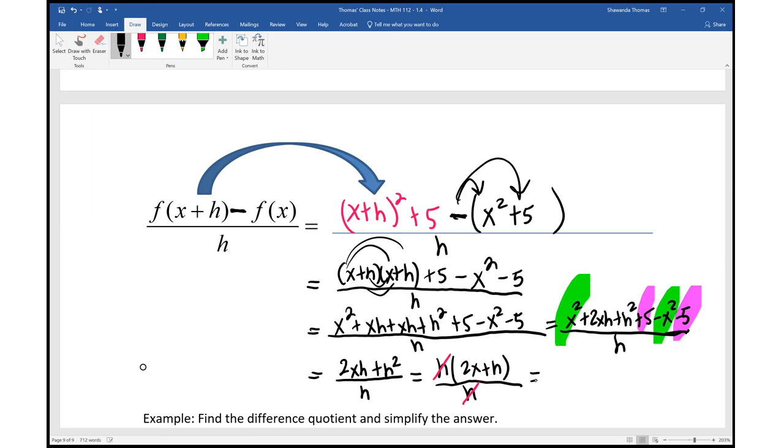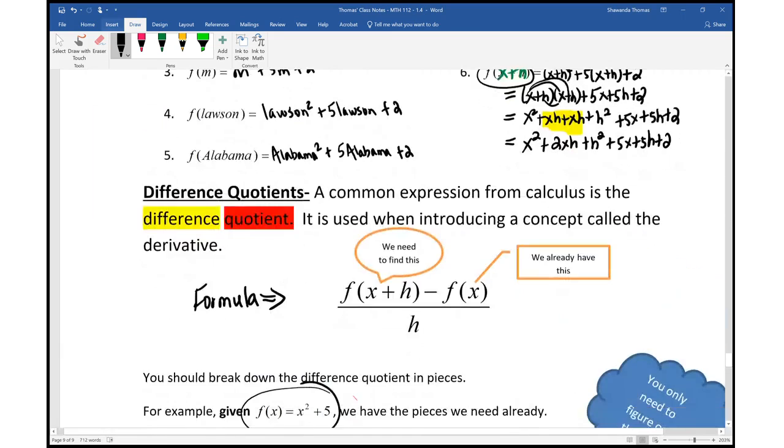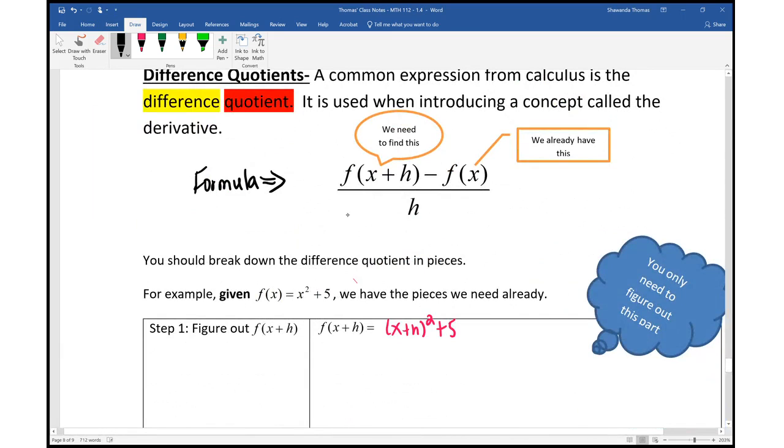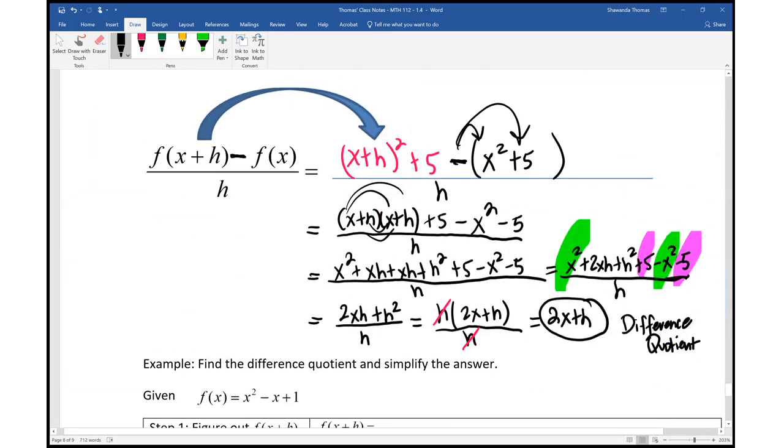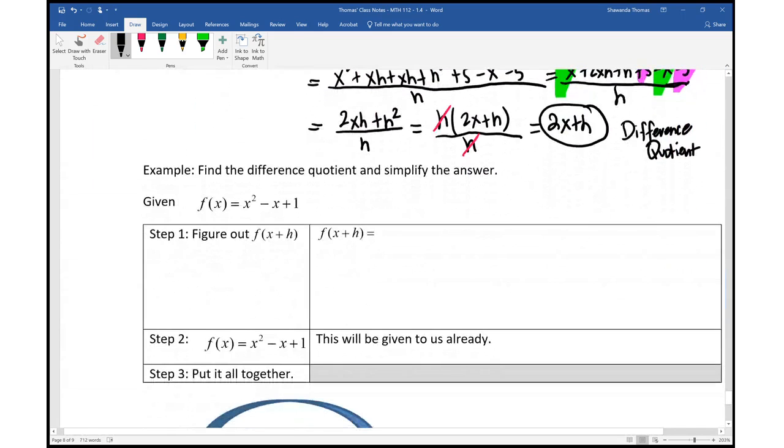So the final answer is 2x plus h. So that is the difference quotient for the function x squared plus 5.